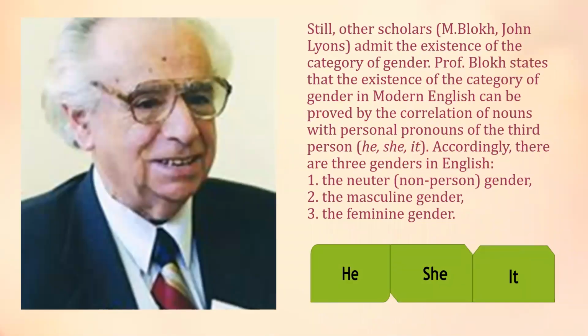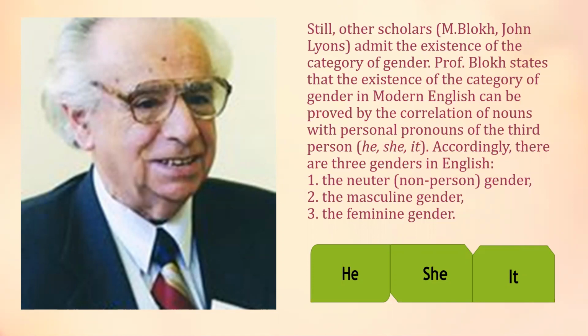Still other scholars, like Michael Bloch and John Lyons, admit the existence of the category of gender. Professor Bloch states that the existence of the category of gender in modern English can be proved by the correlation of nouns with the personal pronouns of the third person: he, she, it.